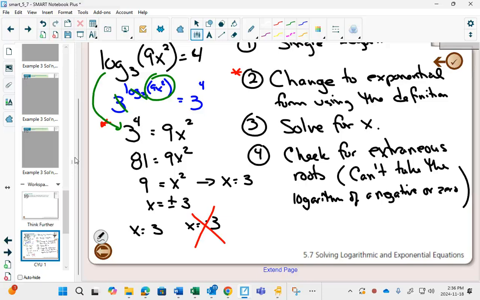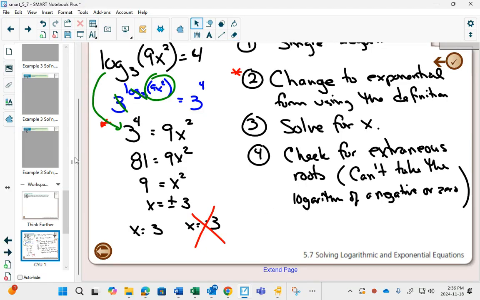That when you square root both sides, you have to remember the plus or minus, and you have to show that a root is extraneous by canceling it out. So it's a very important step in logarithms, this step number 4. Check to see if there are extraneous roots.